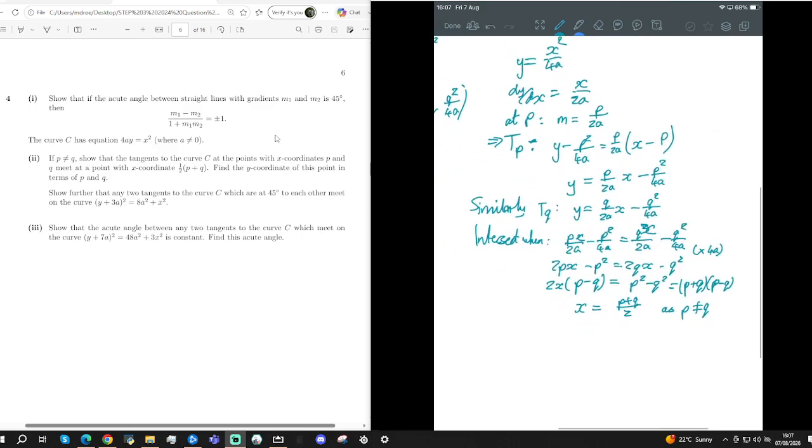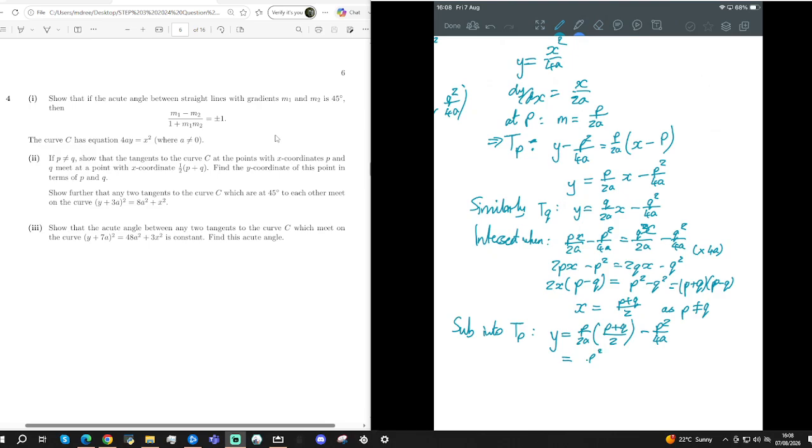Now the y value, we need to sub this x back into either of our originals. So let's sub into TP. So y is going to be equal to, and now this is going to look a little unpleasant, P plus Q over 2 is what I'm subbing in, minus the P squared over 4a. I'm hoping this comes out really pleasant and symmetric.